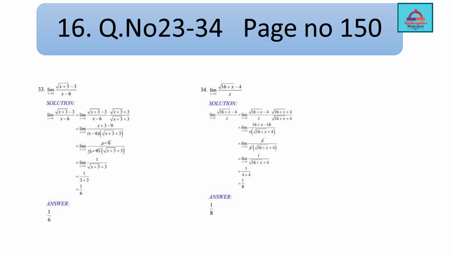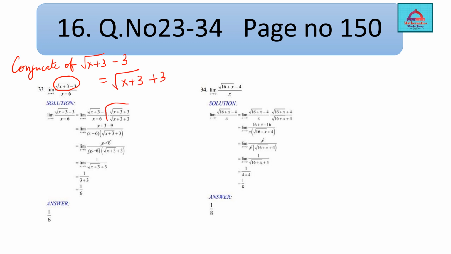The last two questions are questions 33 and 34. Again here you see the radical sign, so you are going to find the conjugate. The conjugate of the given question would be, since in the question it is minus 3, the conjugate would be plus 3.